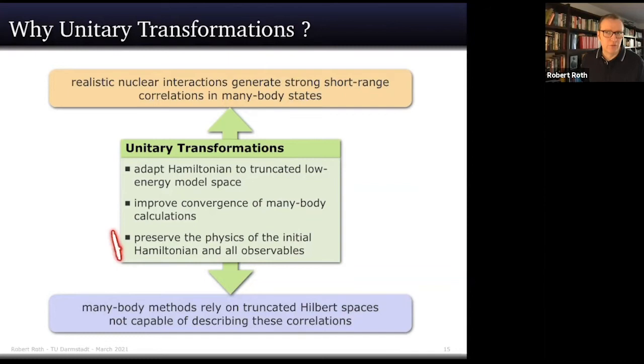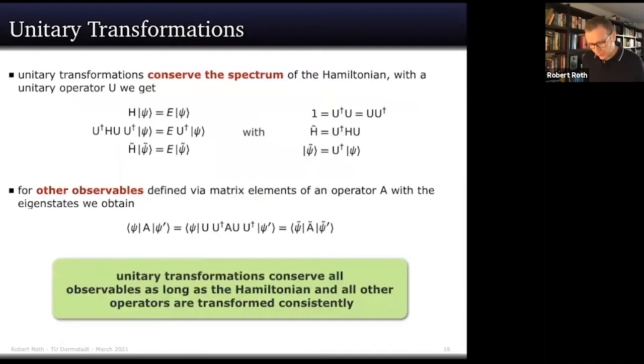All this few-body physics, phase shifts, all this stuff that you used for the construction of the Hamiltonian, will be preserved if you do unitary transformations. That's a great advantage of doing this kind of effective interaction by a unitary transformation. So this last point, why do you preserve physics in unitary transformations?